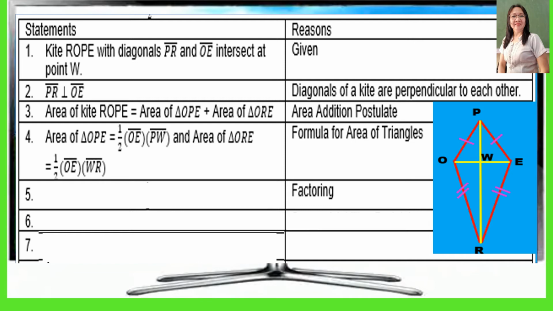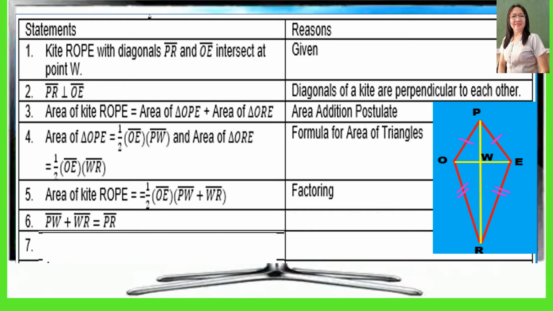Then by factoring, look for the common terms, and that is 1/2 and OE. So factor it out. The area of the kite is equal to 1/2 times OE times the sum of PW and WR.